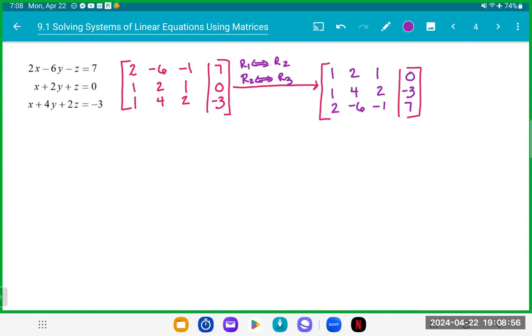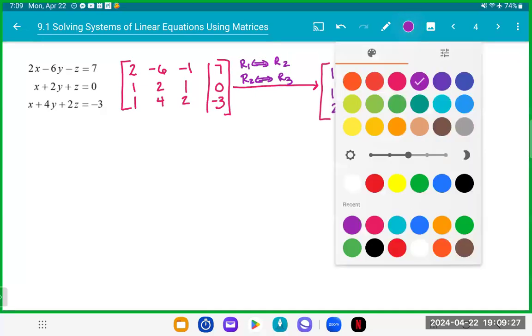Again, we could have just interchanged row 1 and 2, or row 1 and 3, and left that and done it in a different order. It doesn't matter at all how we shuffle them up. I'm trying to just show you there's lots of different options here when you start building these out and doing it for yourself. Okay, question.